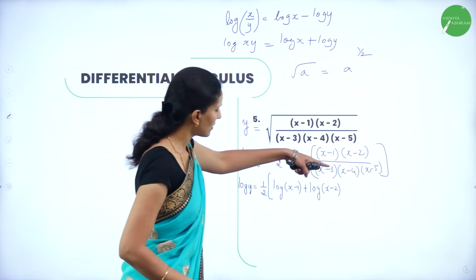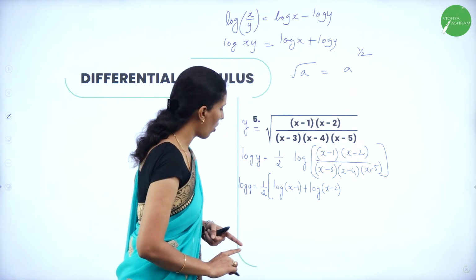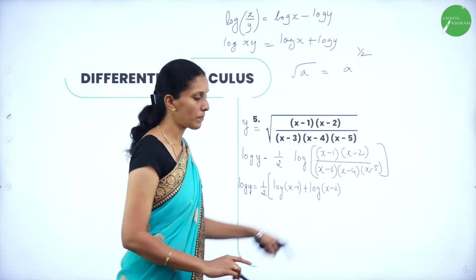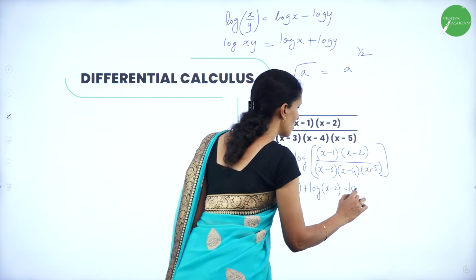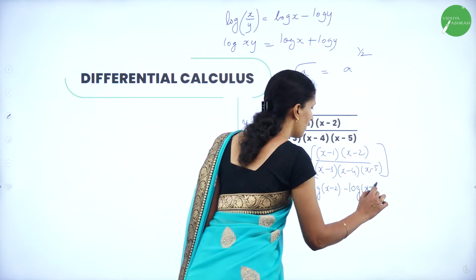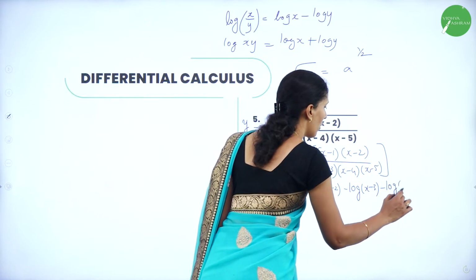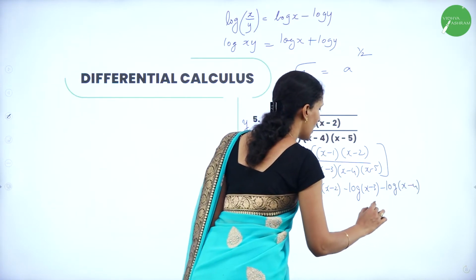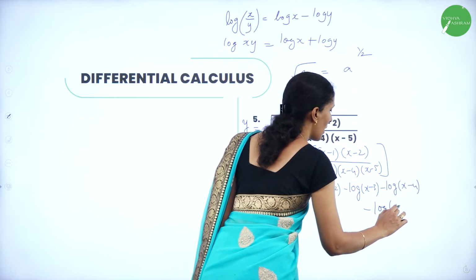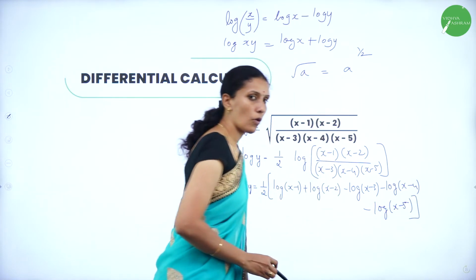And here x minus 3, x minus 4 and x minus 5 are in the denominator. So if you subtract, it is minus log x minus 3 minus log x minus 4 minus log x minus 5. This is how you are going to write now.